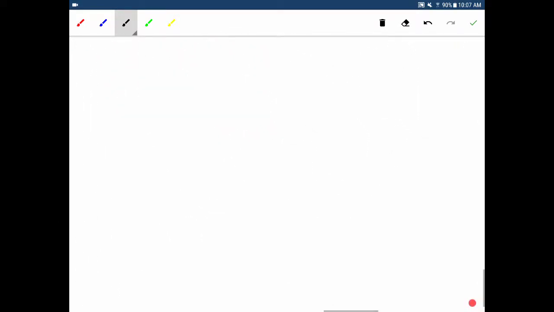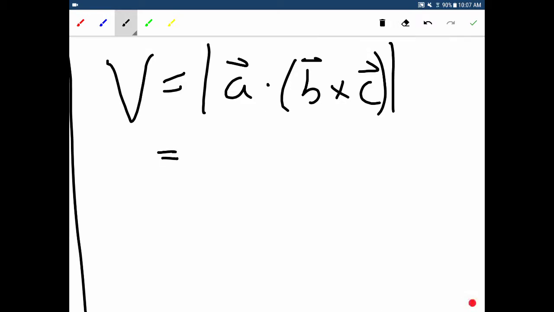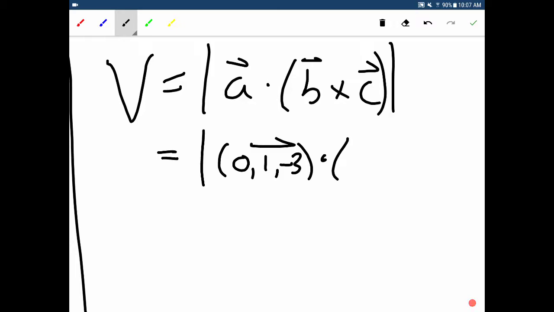So we go back to our formula here. What's A? A is 0, 1, -3. So I want that dot, and of course I've got this in absolute value.